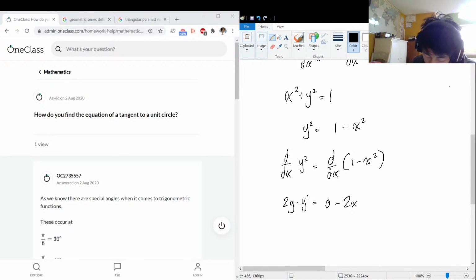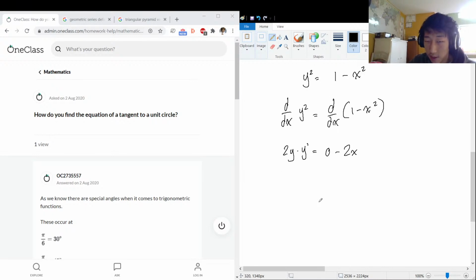Okay, so that's just negative 2x. Now let's divide both sides by 2y. y prime is equal to negative 2x over 2y. The 2s cancel out on the top and bottom. So that is negative x over y is equal to y prime.